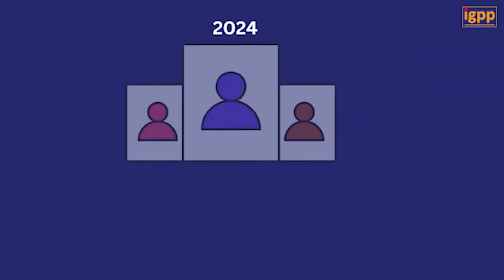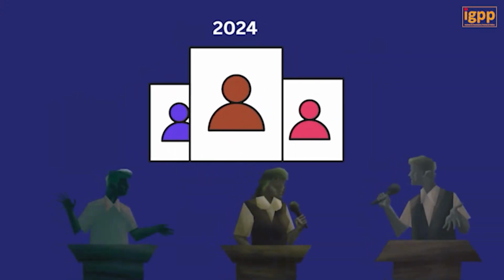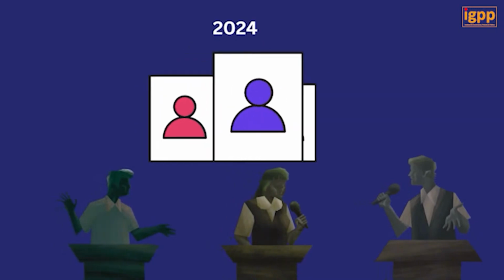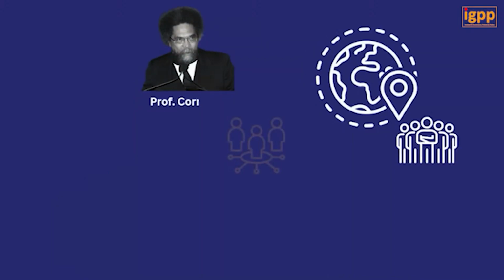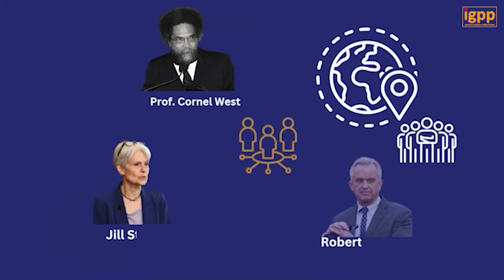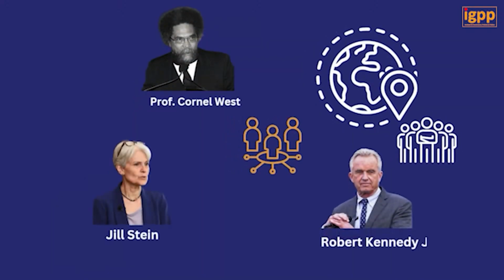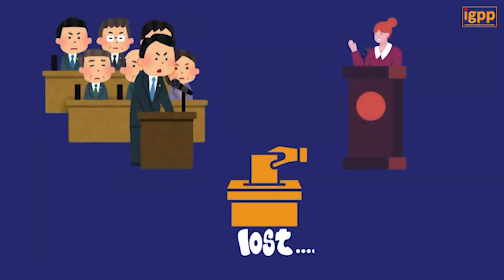In 2024, we have a very large set of third-party candidates, ranging from true independents like Professor Cornel West to established minor party candidates like Green Party stalwart Jill Stein to people on the periphery of the major parties such as former Democrat Robert Kennedy Jr. However, a third party or independent candidate has never won the presidential election in the US.